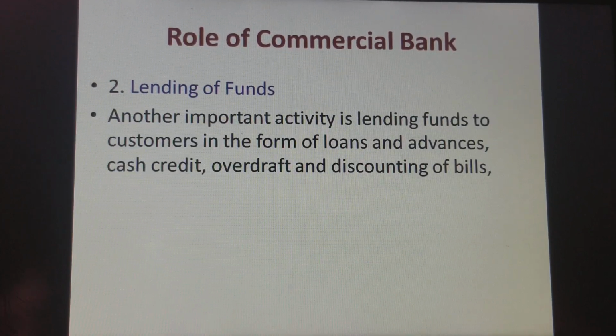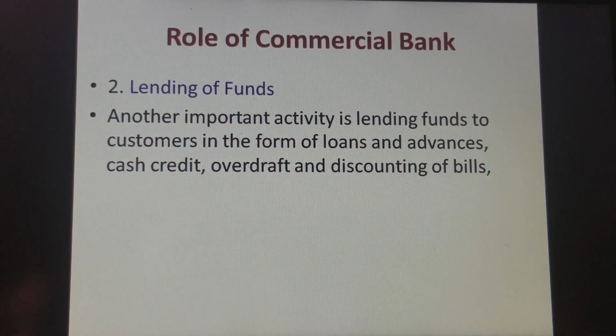Another important activity is lending funds to customers in the form of loans and advances, cash credit, overdraft, and discounting of bills. These are ways the commercial bank will lend, right?